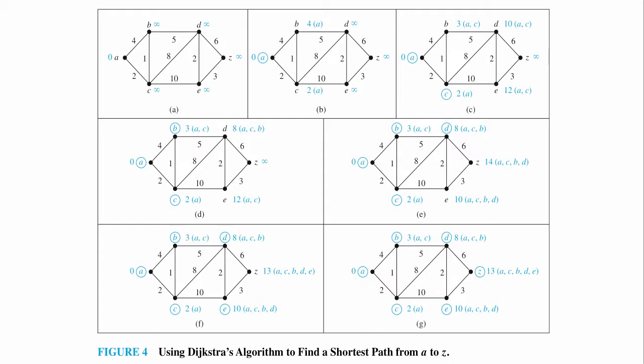Now, let U be a vertex not in S after k plus 1 iterations. A shortest path from A to U containing only elements of S either contains V or it does not. If it does not contain V, then by the inductive hypothesis, its length is L_k(U).